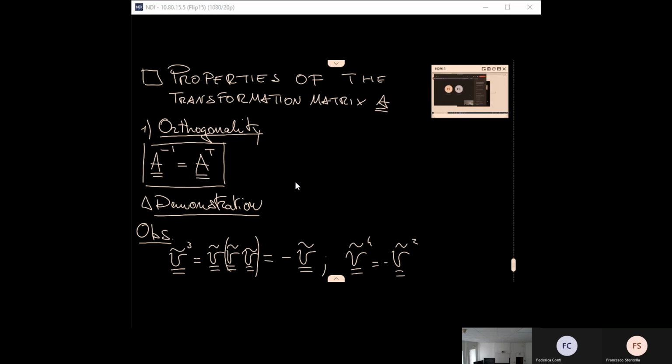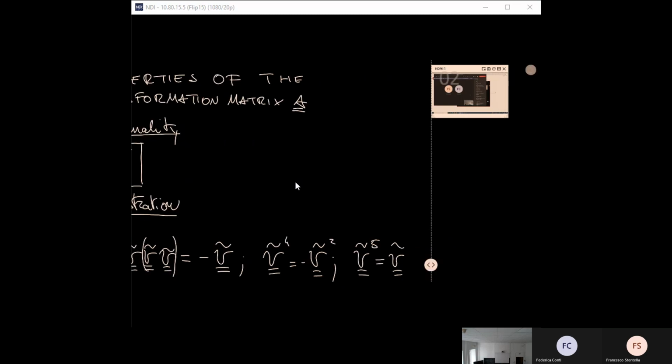Or, for example, v tilde to the fifth is equal to v tilde, and so on. If we want to write all these properties in a more consistent way, the following holds.